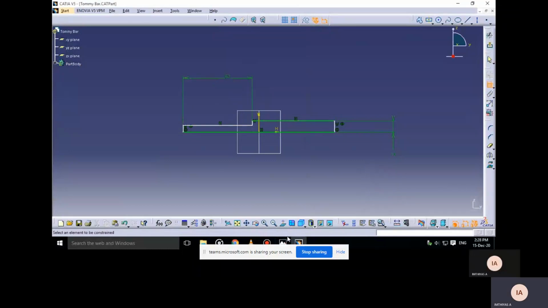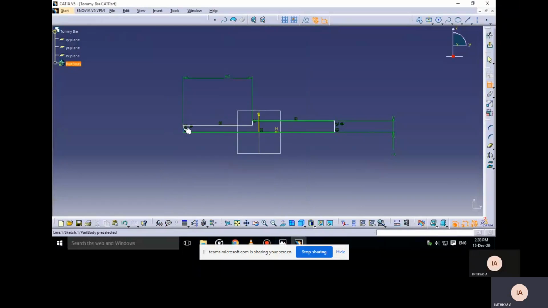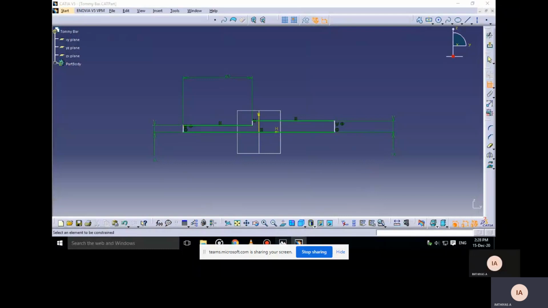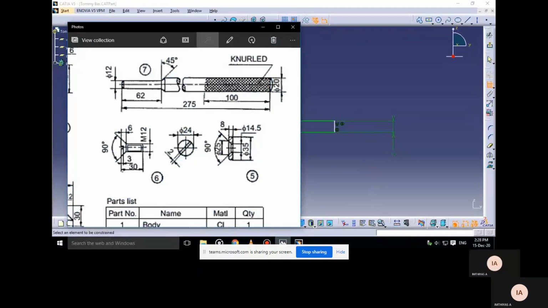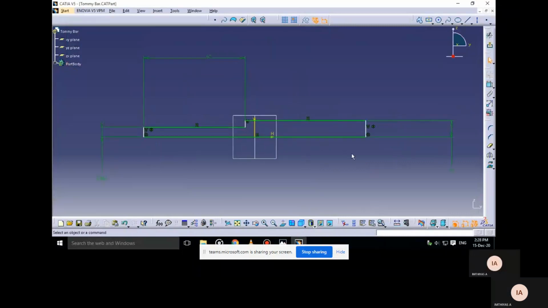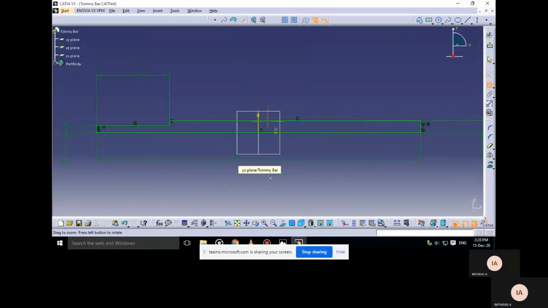This length is 62. It is 6 mm. Total length is 275 mm.